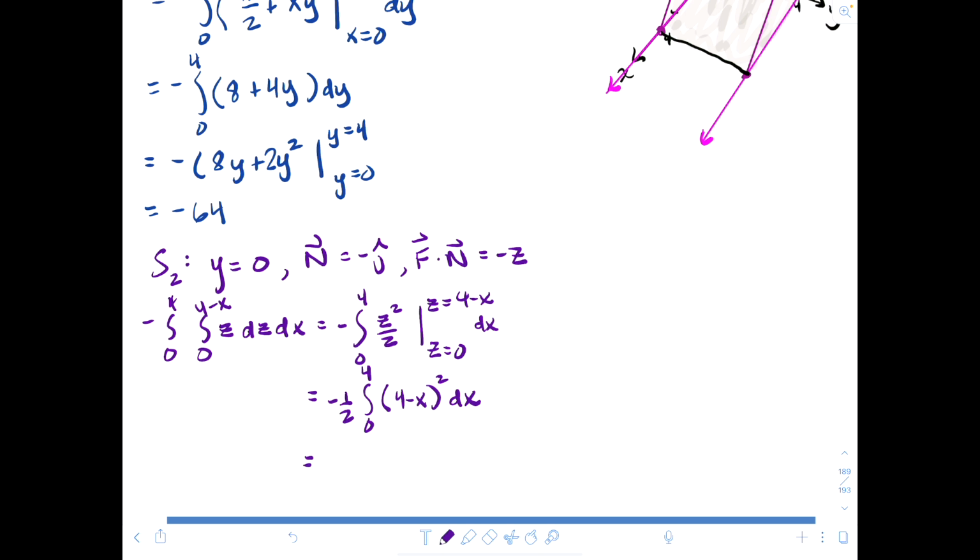Integrating that, I just need to adapt by a negative, and we're going to end up with 1/2 times 1/3 times 4 minus x cubed, where x is going from 0 to 4.